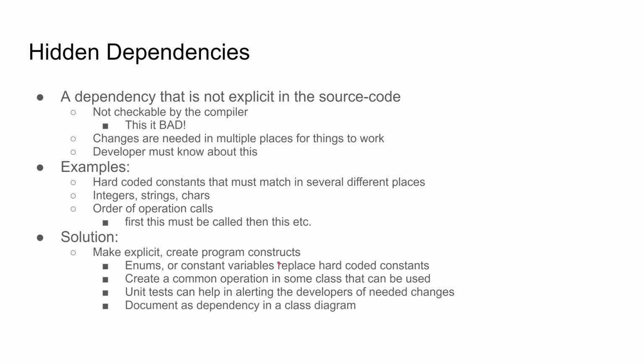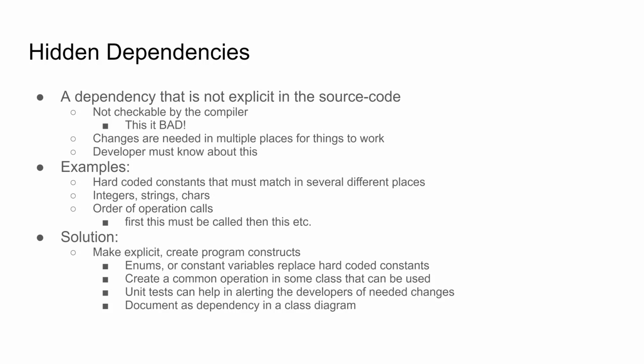One example is that you have hard-coded constants that must match in several different places of your code base. So maybe you have a menu in your console that says press 1 to do this. In another place in the code base you have a hard-coded integer or a character or a string that contains the 1, and this 1 must match the thing that you printed in the menu.